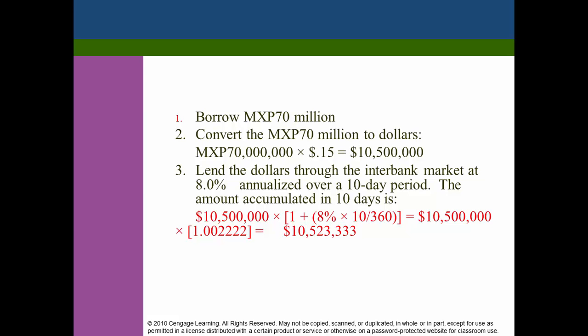So the future value you have is the $10 million you start with, you end up with 10,523,333. So one thing you want to make sure is that we are only investing for 10 days. So you can either take it as given here, or you can take 1.08 raised to 10 by 360 times 1.08. Okay, so that way you get the right answer.